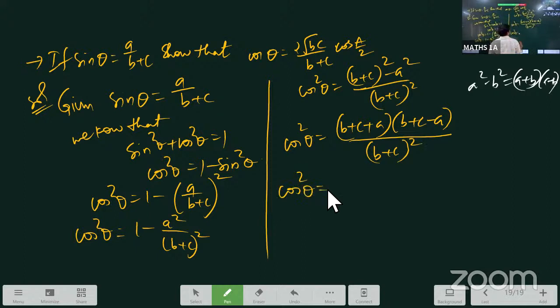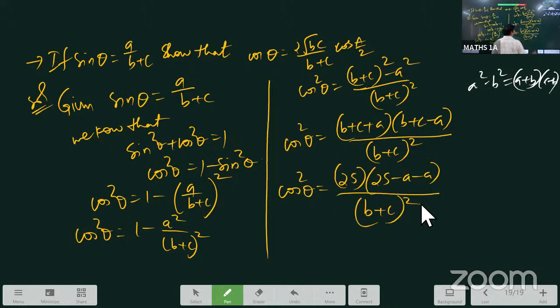Cos square theta equal to a plus b plus c, which is nothing but 2s, and b plus c is nothing but 2s minus a. Yes or no? So what formula are we using? 2s is nothing but a plus b plus c, and b plus c I can write as 2s minus a also. Is it clear?